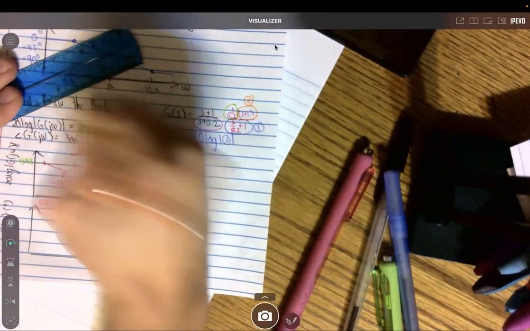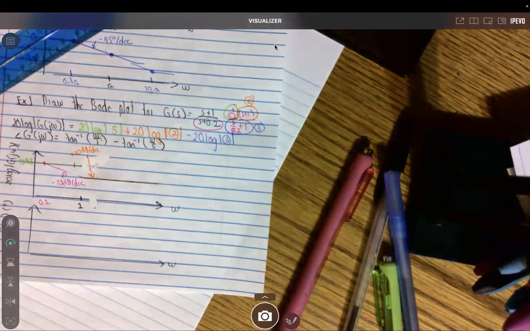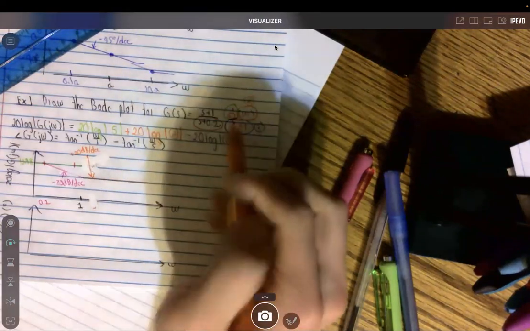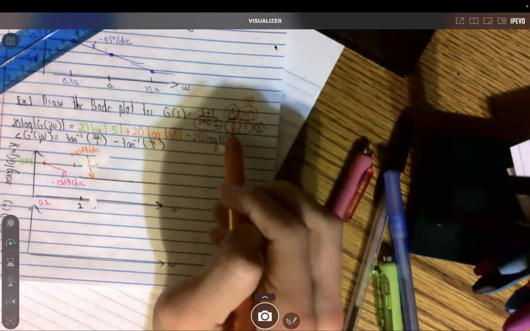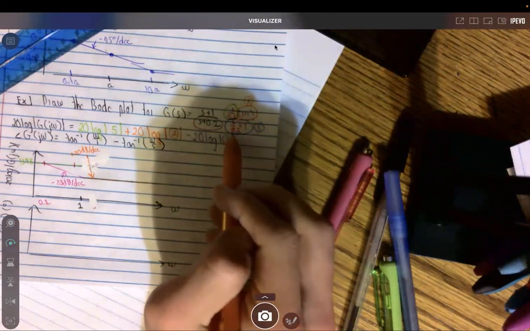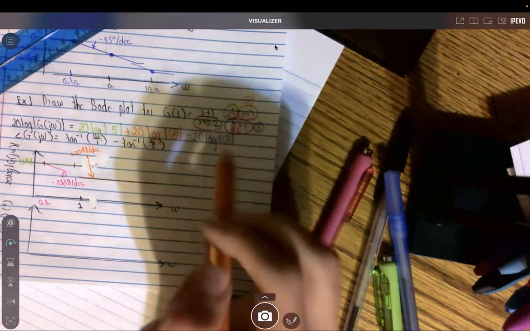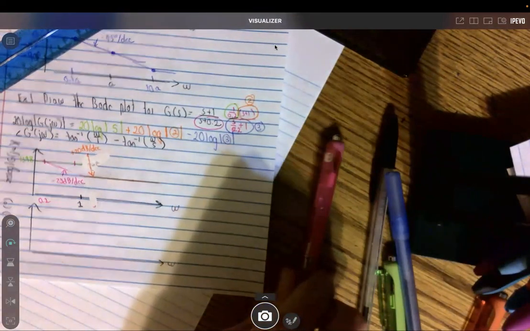This would be positive 20 dB per decade. And that's why, when you divide by 0.2, you have to keep the omega value in the denominator, the s, because that's where the corner frequency occurs. You can't put it in the numerator because that's the normalization.